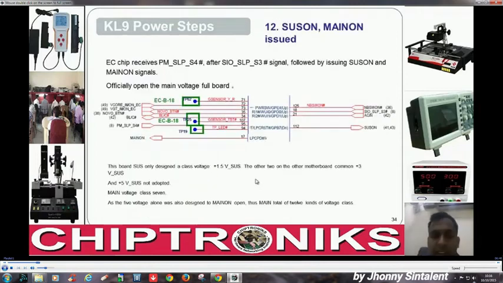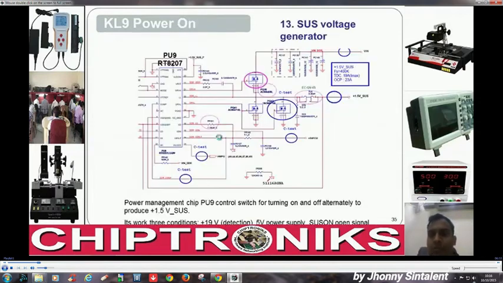After the IO controller receives S4 and S3, it will generate SUS ON, and then all the suspend voltages would be formed on the motherboard. But a very crucial question is: how do we know the exact sequence of this power supply?